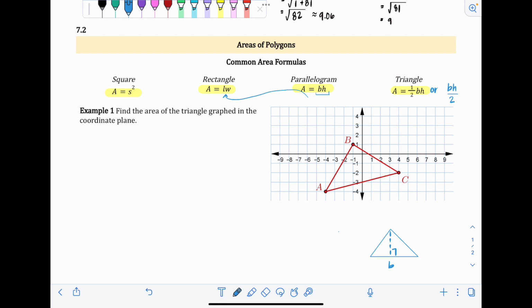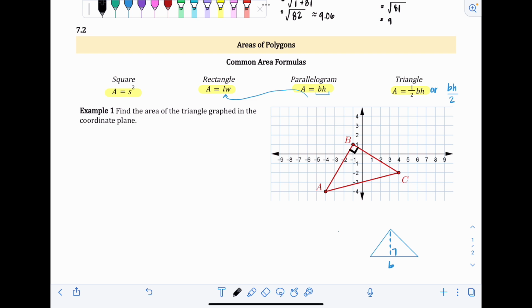So we can't just say, okay, this is the height and find this distance. It has to be perpendicular. So sometimes instead of trying to create a perpendicular segment within a triangle on a graph, it's best to check to see if any of the lines are already perpendicular. So in this figure, it looks like this may be a right angle.